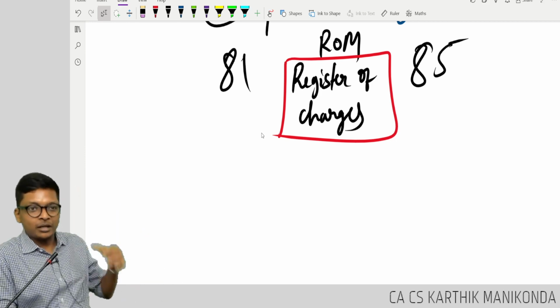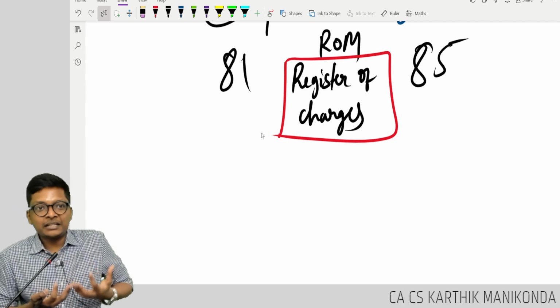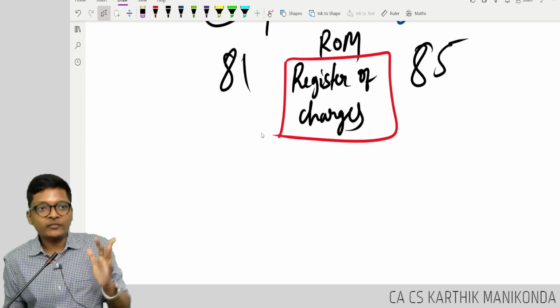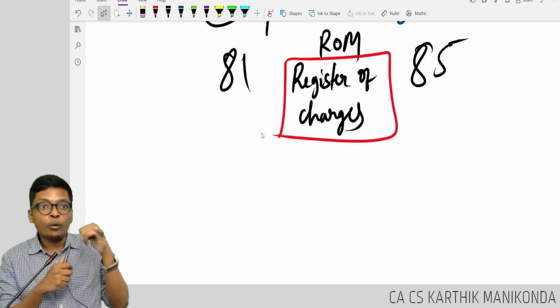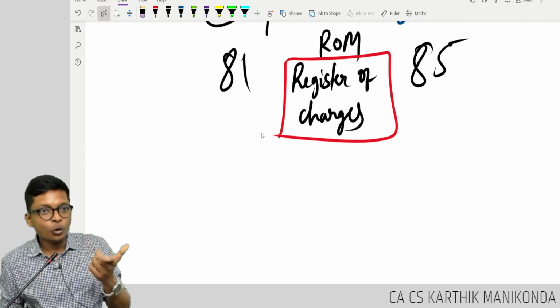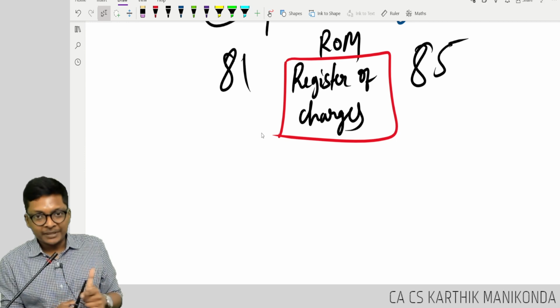Will you throw that or keep it with you? Keep it with me. That means details of salary given to you is with the company and with you. Okay, sir, you took a loan from a bank. The loan agreement, who will have it? Both of them will have it. That means the register of charges, both should maintain. Who are those both? ROC and the company.